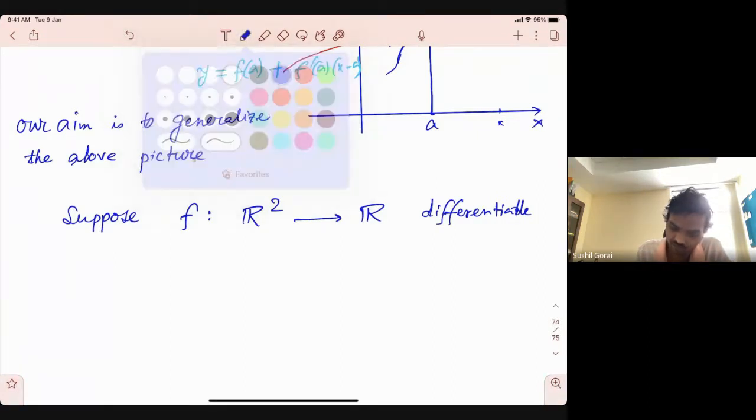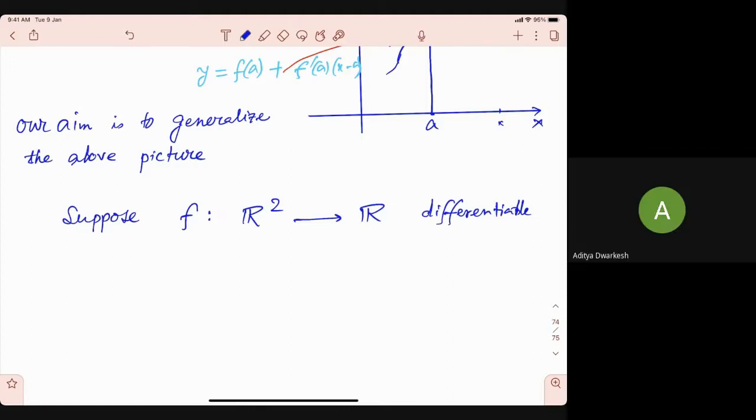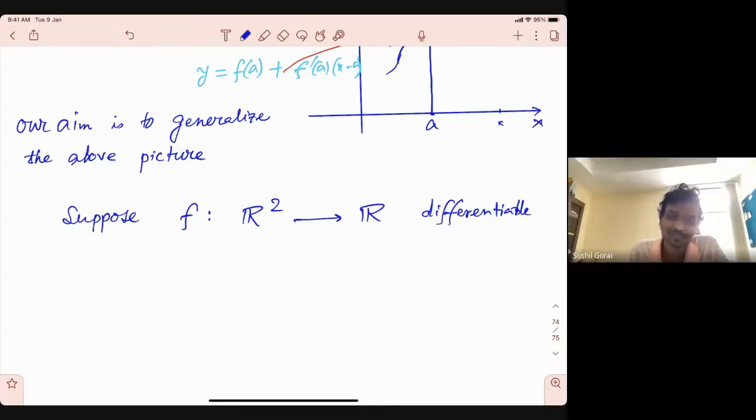So what does this mean? Aditya, can you tell me when this f from R2 to R is differentiable at a point a? Graphically, we saw last time that if it doesn't have any peaks, we find that it's differentiable. That is just to imagine, it's not a definition, right? So you tell me the definition.